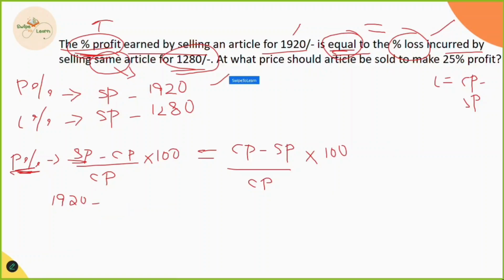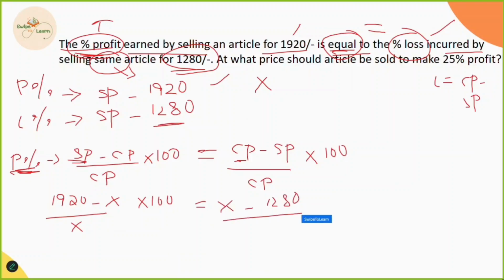When one value is given and the other value is not given, we consider it as X. So 1920 minus X divided by X into 100 is equal to, CP is not given, X minus SP for the loss percent, which is 1,280, divided by CP which is X, into 100. This 100 gets cancelled, and this X also gets cancelled.